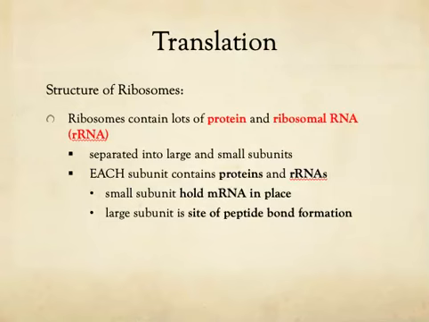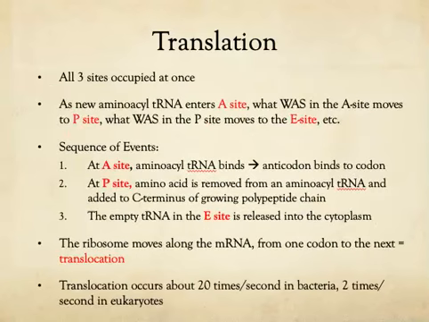Those tunnels, or sites as they're called, are involved in the step-by-step process of taking the amino acid off of an incoming tRNA, adding it to the growing chain of amino acids, and then releasing that tRNA molecule so it can once again be loaded up with a new amino acid. During translation, all three of those sites inside the large subunit will be occupied at the same time.